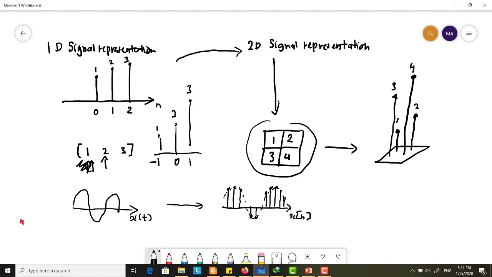So why does that happen? Let's say this is my two-dimensional digital signal in matrix form. If I want to convert it into impulse representation, it would look like this, which is very difficult to see and interpret. In the matrix, you can see this is your pixel size 2 times 2, and this value represents the intensity or color value, while in a one-dimensional signal, this one represents the amplitude and this one represents the index in the time domain.